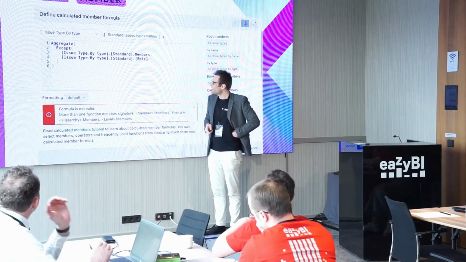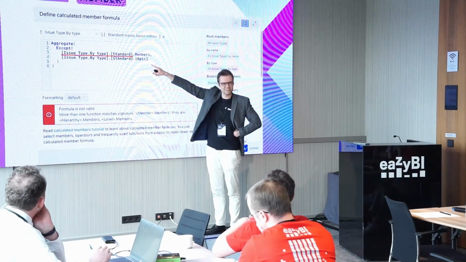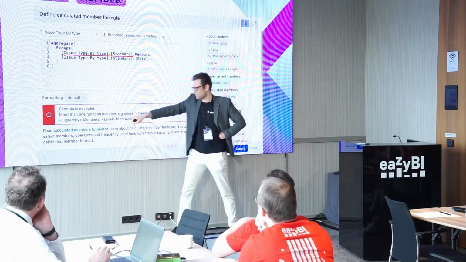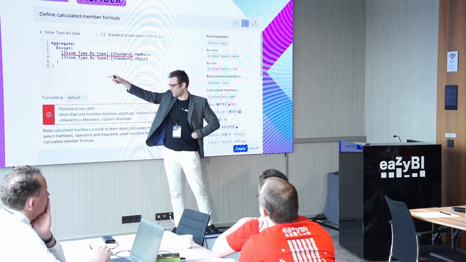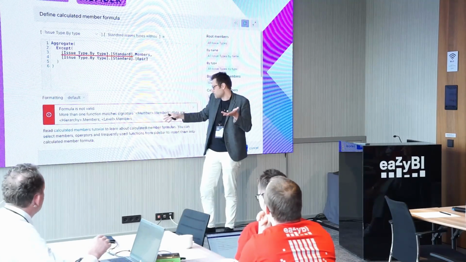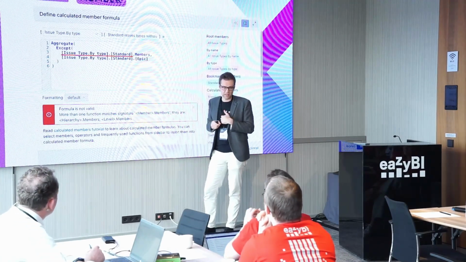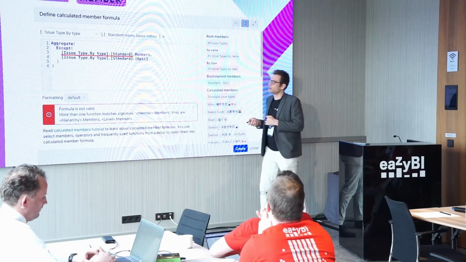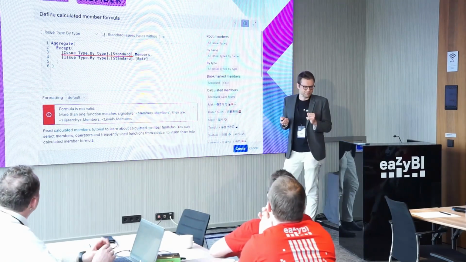That's not a level, that's not a hierarchy, that's a member. And there's just no such function that handles a member and then returns members of that. So how do we solve this? We need to use the right function.